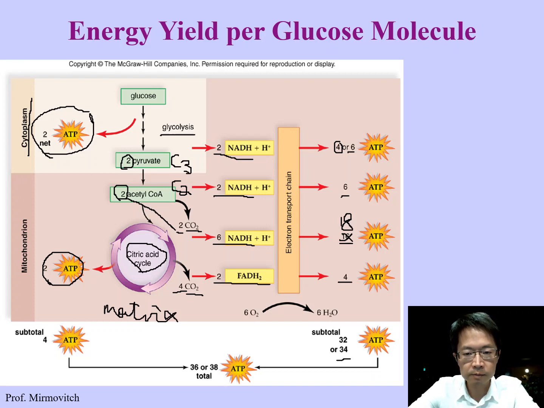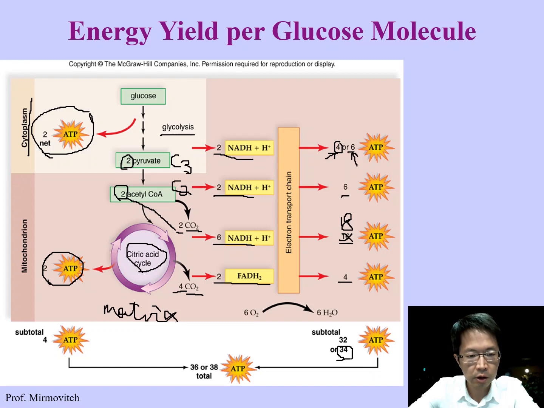That's why it depends on which textbook you use. If the textbook says NADH generates 2 ATP, then you'll get 4. If the textbook says NADH generates 3 ATP, you'll get 6 here. So it is either 32 or 34 ATP from the so-called electron transport chain.